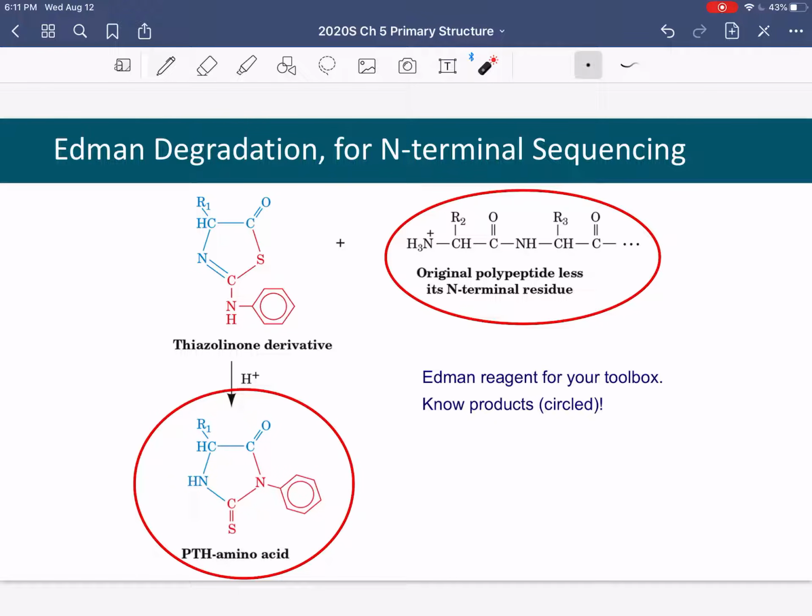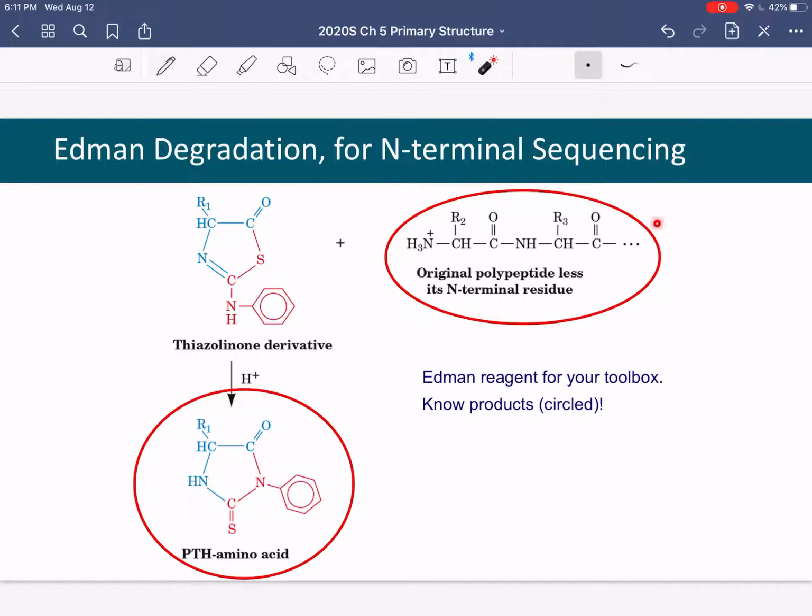And you can see that the R1, everything in blue was amino acid 1, and R1 is a functional group hanging off of the ring structure. And this can be identified chemically or by mass spec by a lab other than yours. So you're going to send this out, and they're going to tell you what your amino acid was in your PTH derivative.